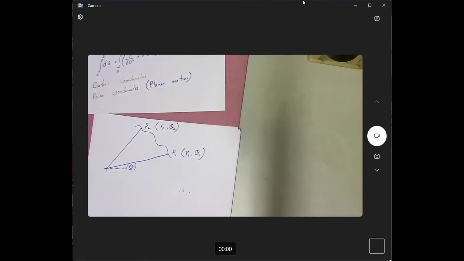Right. There is no question. We can proceed. So, in general, we can define a point along the path of this curve as r and theta.